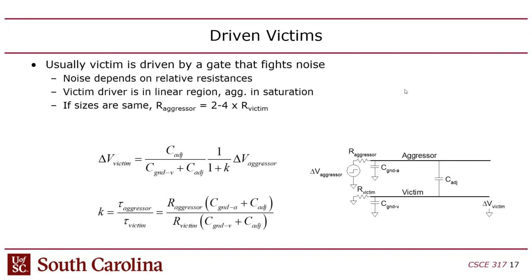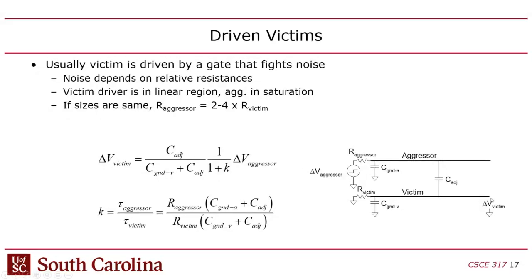And tau sub-victim is the resistance of the victim line multiplied by the victim's ground capacitance plus the coupling capacitance. That's going to give your K value. Then you would use the previous equation that we used for the non-driven victim, but you'd scale it by 1 over 1 plus K.